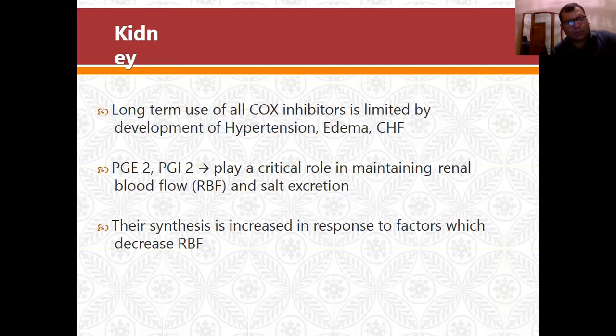Prostaglandin E2 and prostaglandin I2 play a critical role in maintaining renal blood flow and salt excretion. Their synthesis is increased in response to factors which decrease renal blood flow.